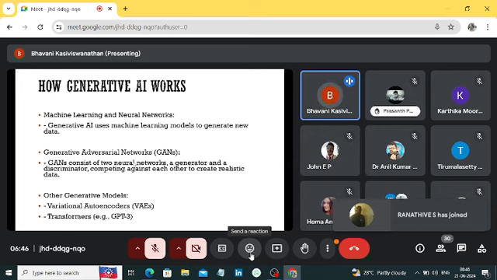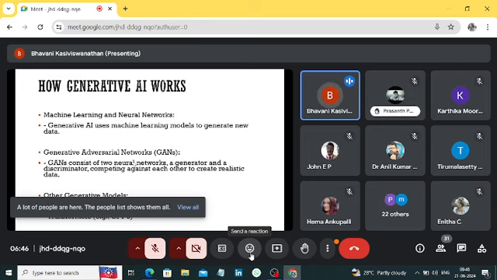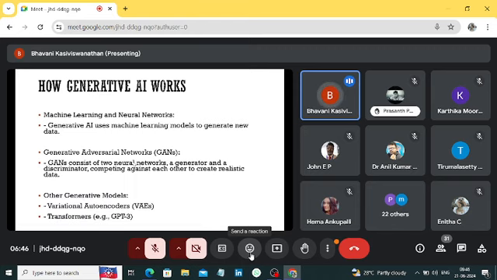The generator will get the data, and the discriminator will enhance. It will always give some negative inputs to the generator till the generator gives the 100% output.